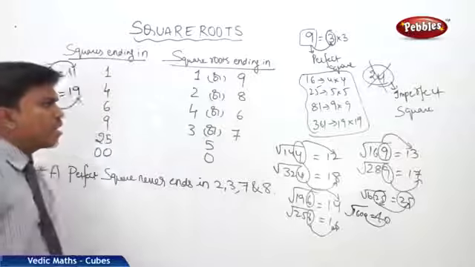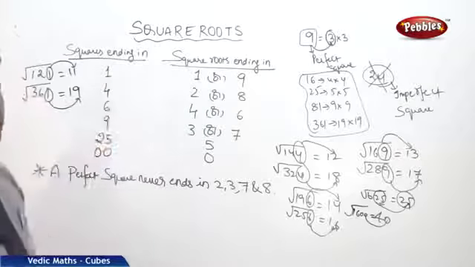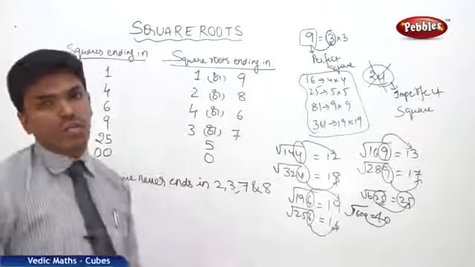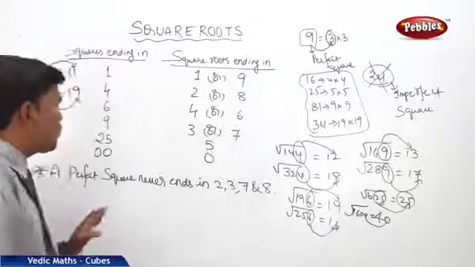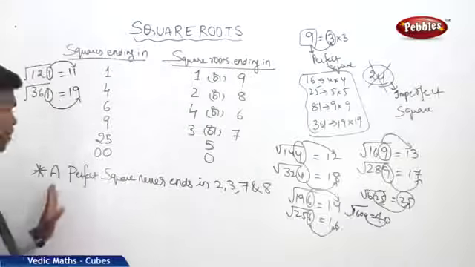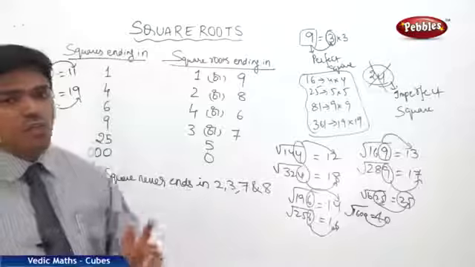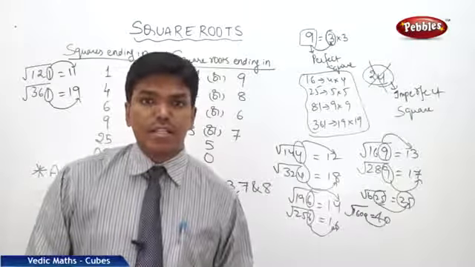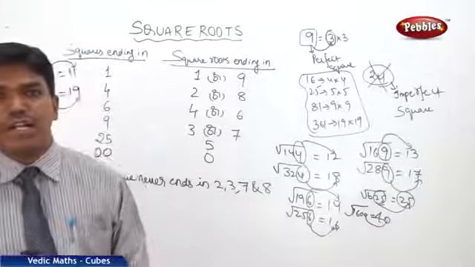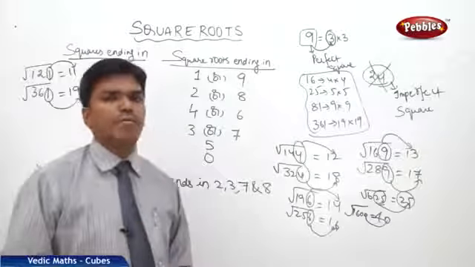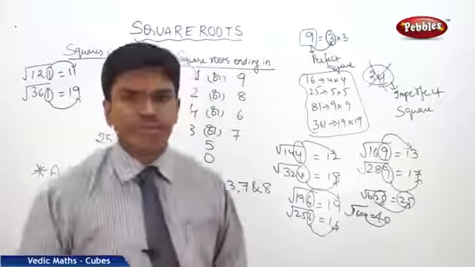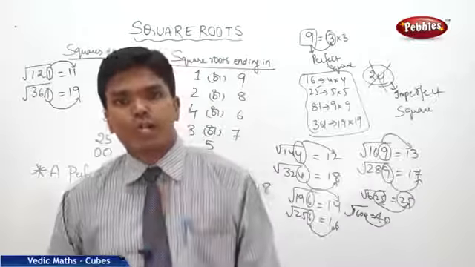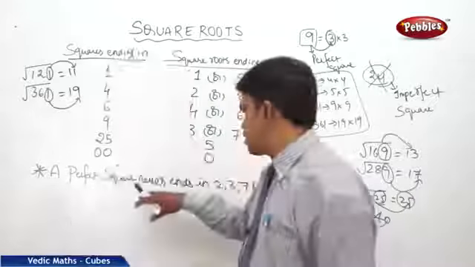So like that, this table we should be aware of. This table will help you a lot in finding out the square root of a number. And the last important point to remember: a perfect square never ends in 2, 3, 7 and 8. Whatever number you take and square, multiplying it by itself, the product you get will never end in these digits.